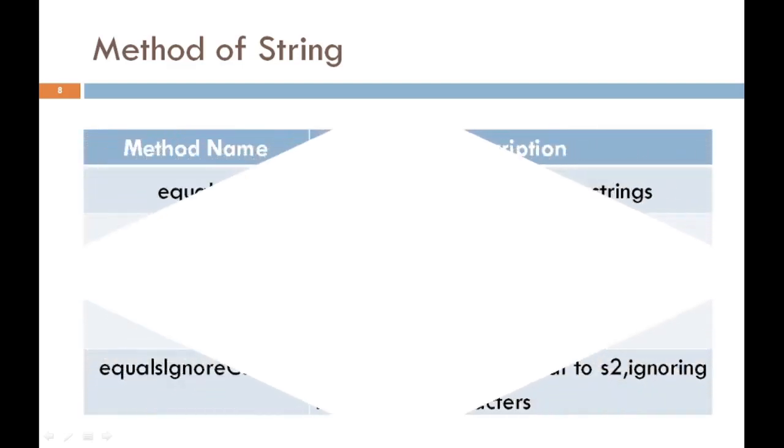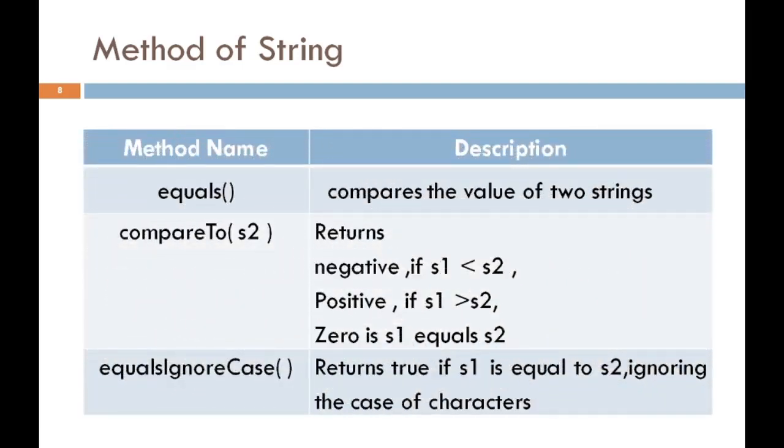The next methods of the string are equals, compareTo, and equalsIgnoreCase. These three methods are specially used for comparing strings. The first one is the equals method, which is used to compare the values of two strings. The Java string equals method compares two strings on the basis of the content of the string.